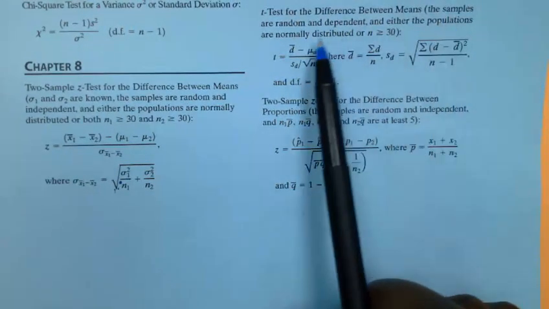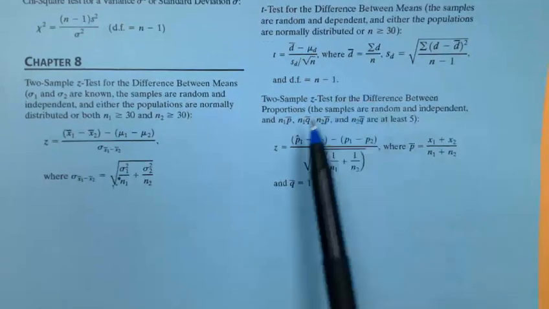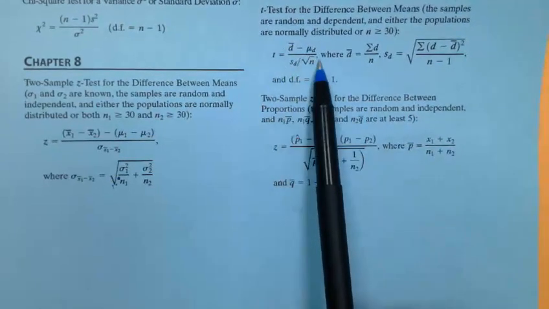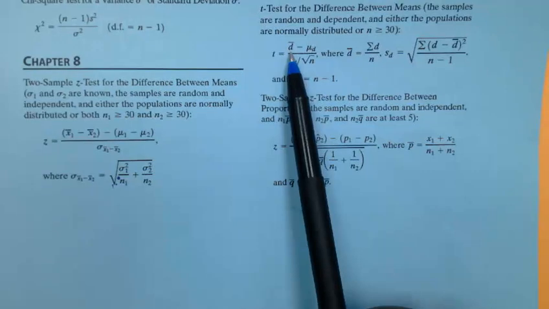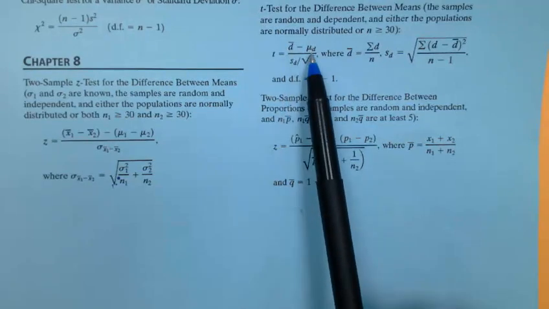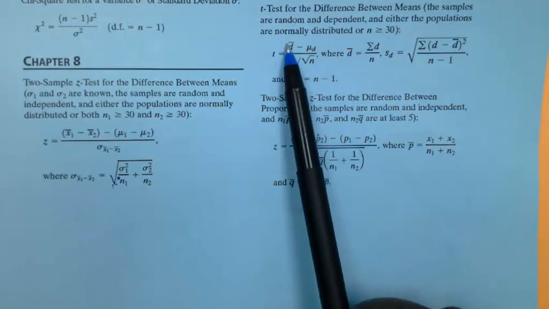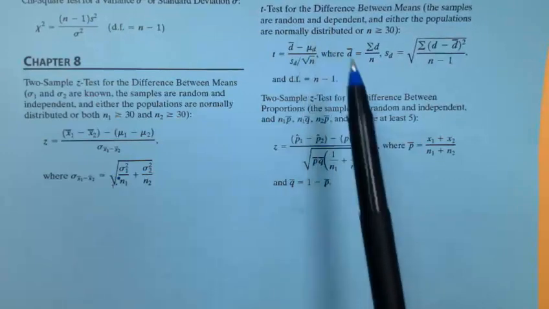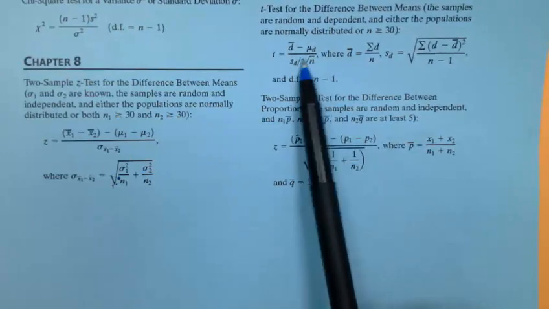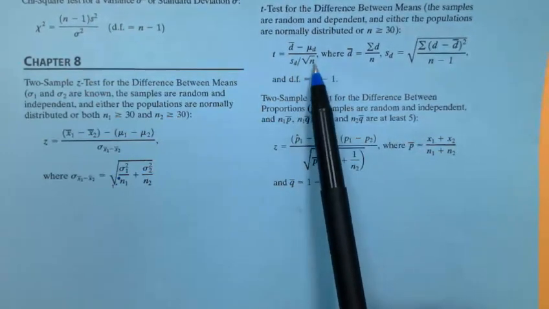Test for the difference between the means when you have dependent samples. This is how you calculate T. This is D bar, the difference between the means. The difference between the means is going to be 0, divided by your standard deviation again.